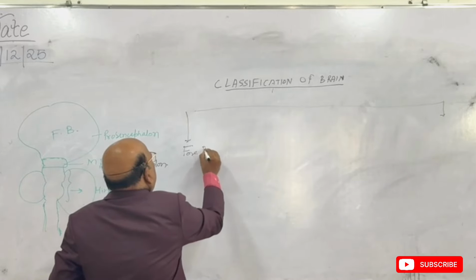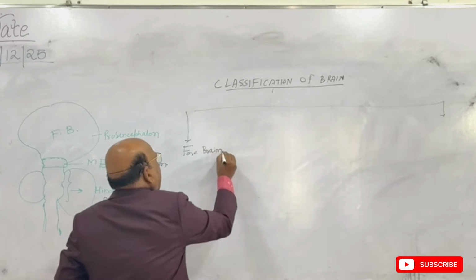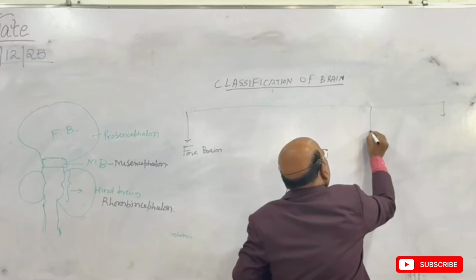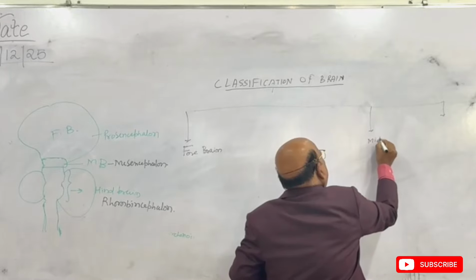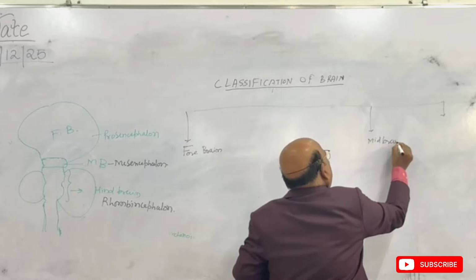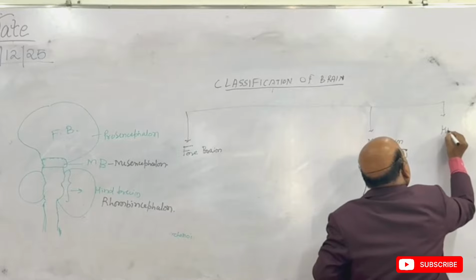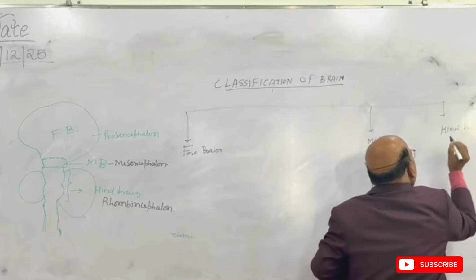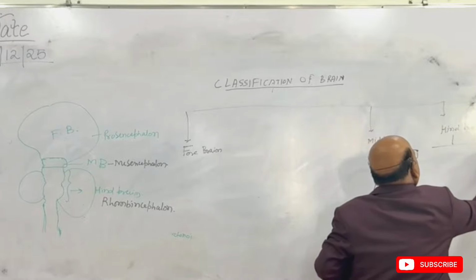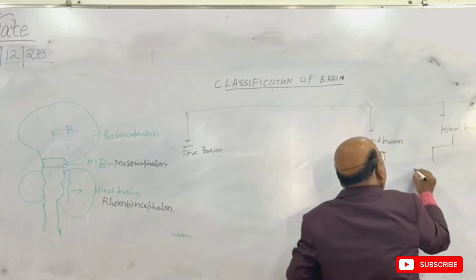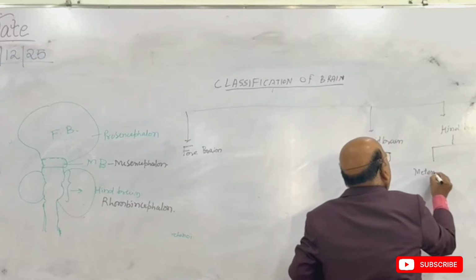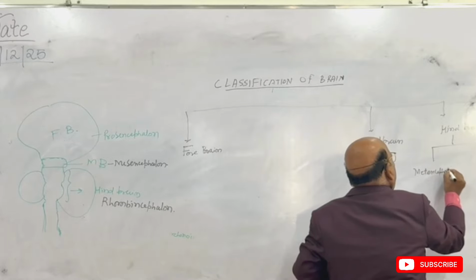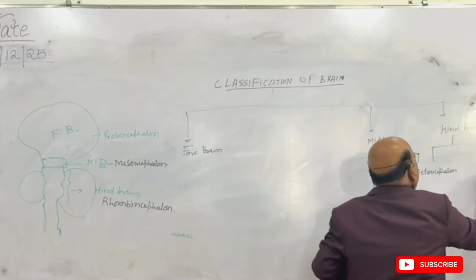Forebrain, midbrain, and hindbrain. The hindbrain is further divided into metencephalon and myelencephalon.